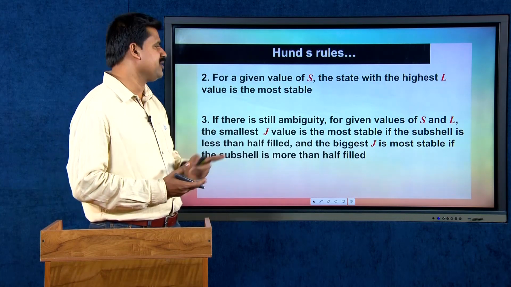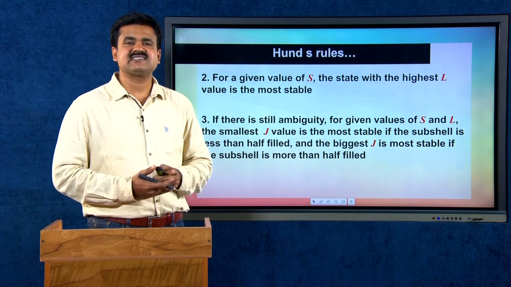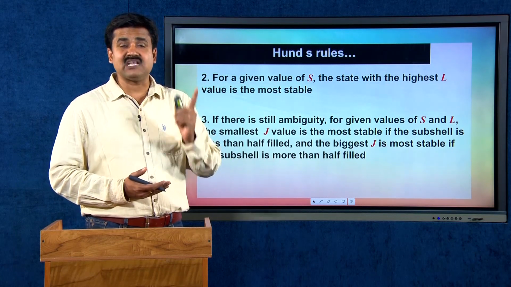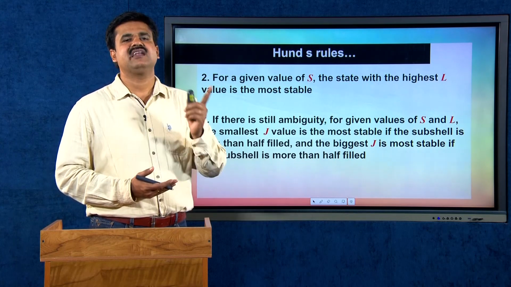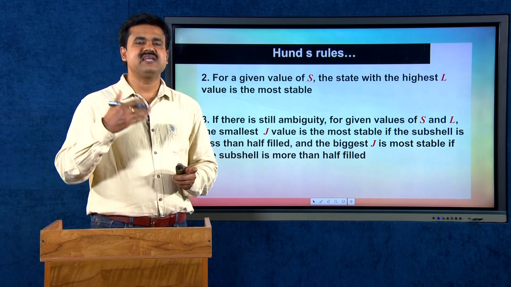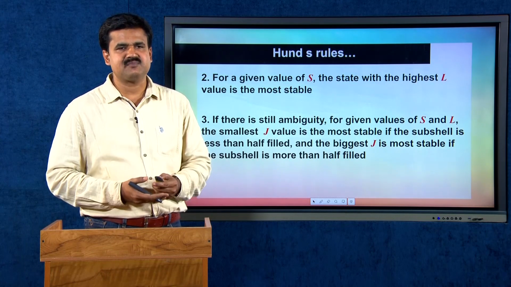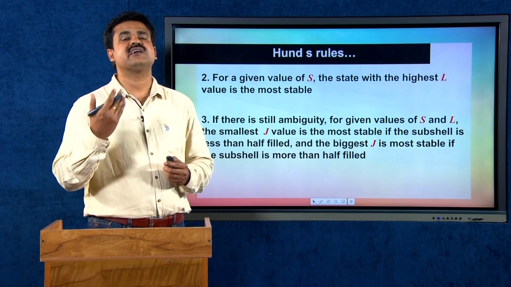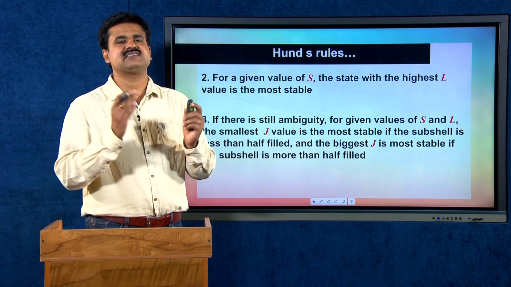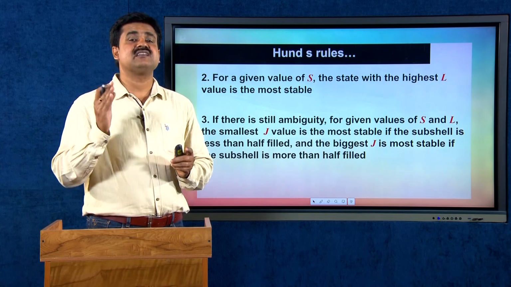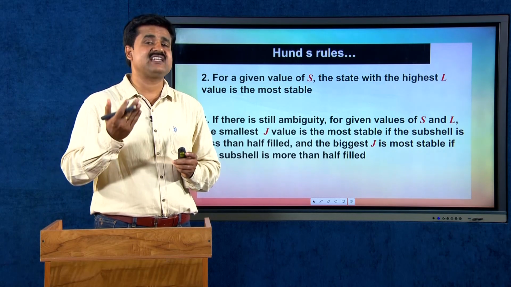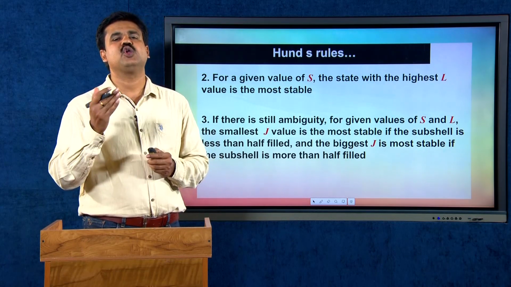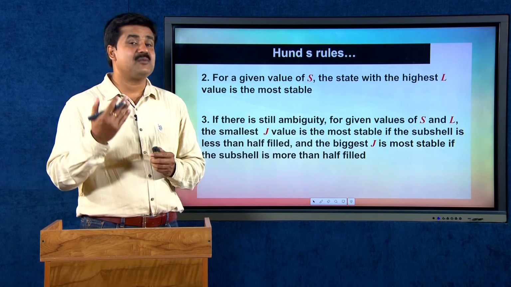If there is still ambiguity, for given values of S and L, the smallest J value is the most stable if the subshell is less than half filled, and the biggest J value is most stable if the subshell is more than half filled. That is, as a final rule, we have to fix the value of J. If the given configuration is less than half filled, take the lowest J value, that is L minus S.